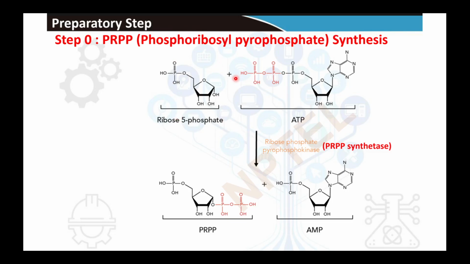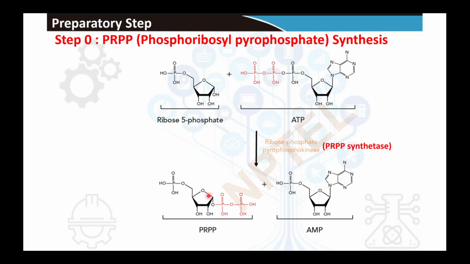And then by the enzyme PRPP synthetase, one ATP molecule gives 2 phosphate groups, a pyrophosphate group, to this ribose 5-phosphate. And the pyrophosphate gets attached to the 1st carbon. It is phosphoribosyl because the phospho in phosphoribosyl denotes the original phosphate that was present in the ribose at the 5th carbon.